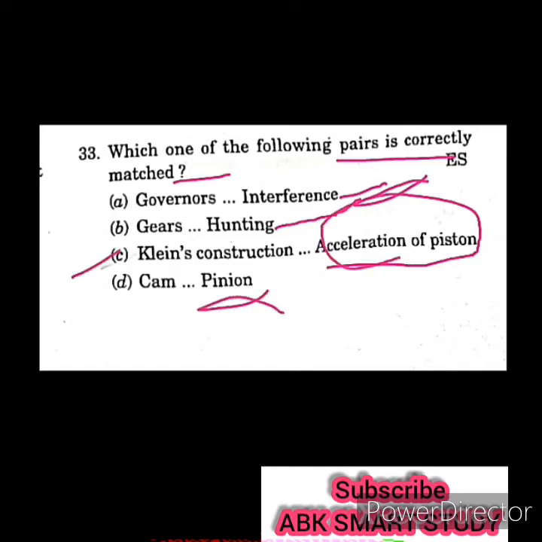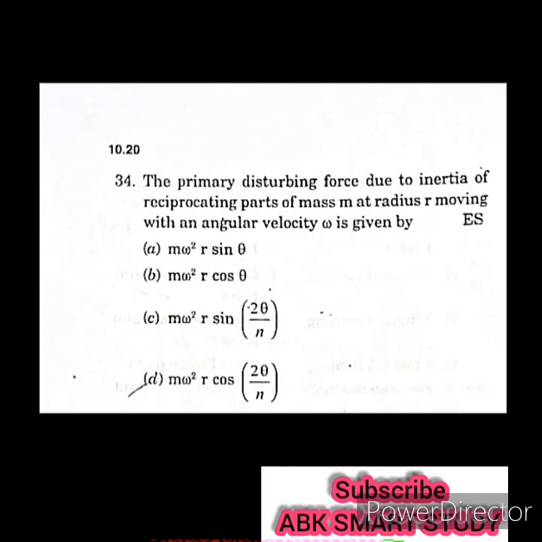So option C, Klein's construction, acceleration of piston, is the correctly matched pair among the 4 given options. So option C is the correct answer.